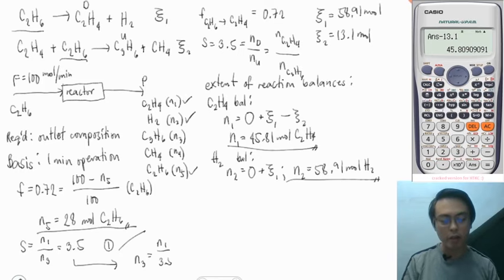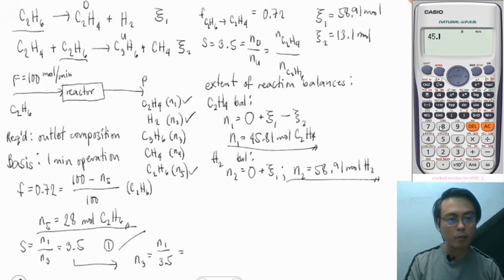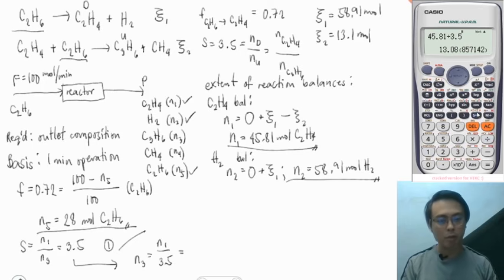N1 is 45.81 divided by 3.5. Okay, 13.09 moles C3H6.